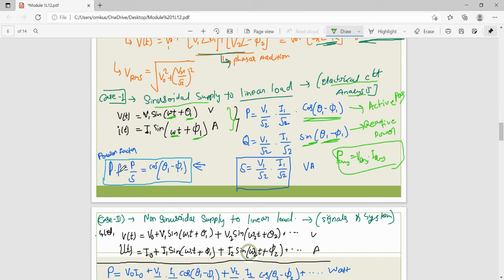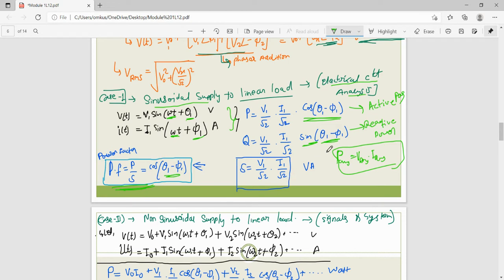Now, how to calculate the power factor? We already saw in our last lecture, it is the ratio of the active power divided by the apparent power, or you can say the cosine of the angle between voltage and current. The angle between them is theta 1 minus phi 1.